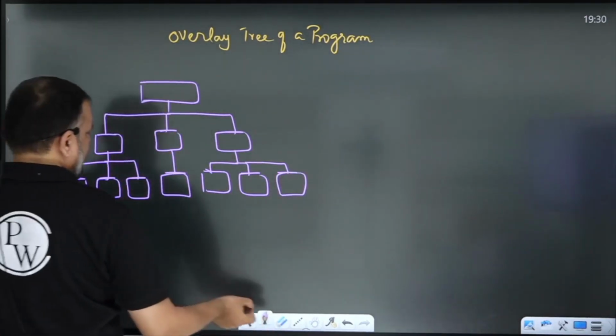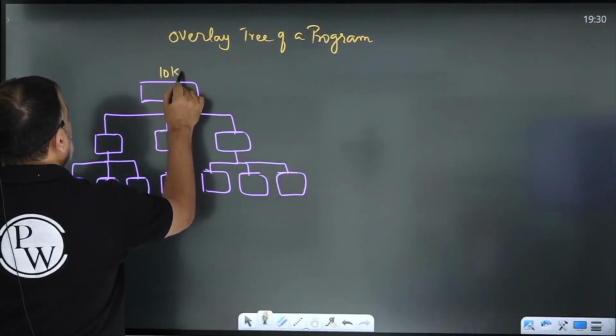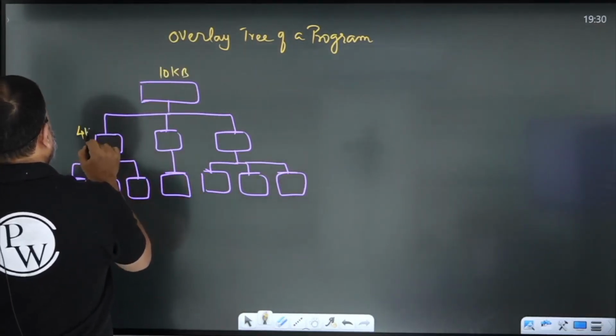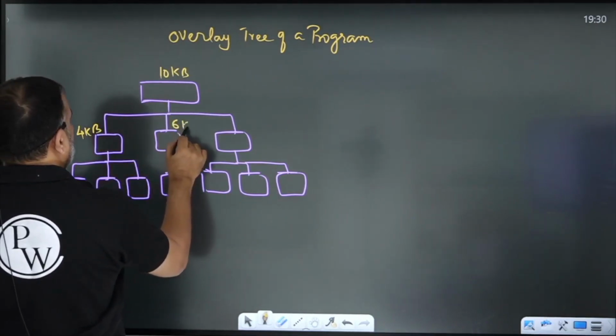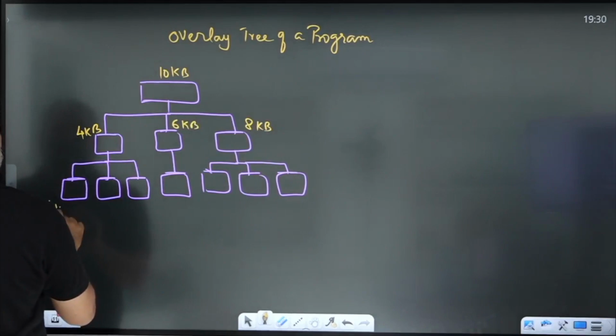I'll put the sizes here: 10 KB, 4 KB, 6 KB, 8 KB, 4 KB.